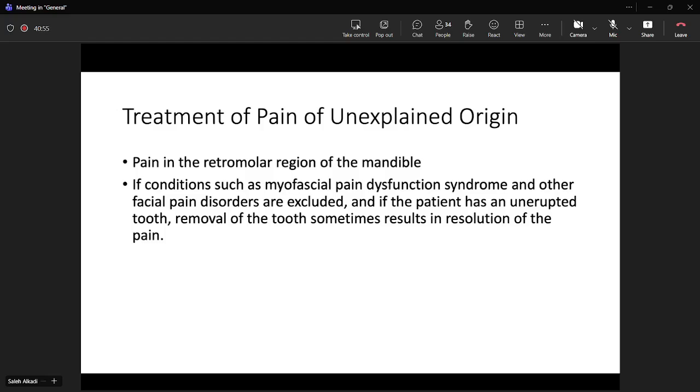It may resolve the problem. Especially if the patient presents with pain at the retromolar region of the mandible at the area of the lower wisdom tooth, and everything looks well on clinical examination, no signs of infection, no swelling, but the patient feels pain there, just extract that impacted tooth, and this may resolve the problem.